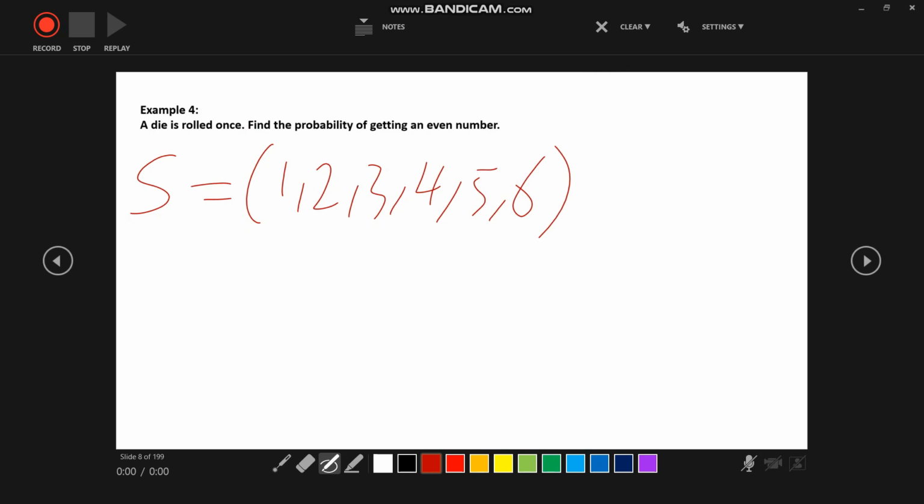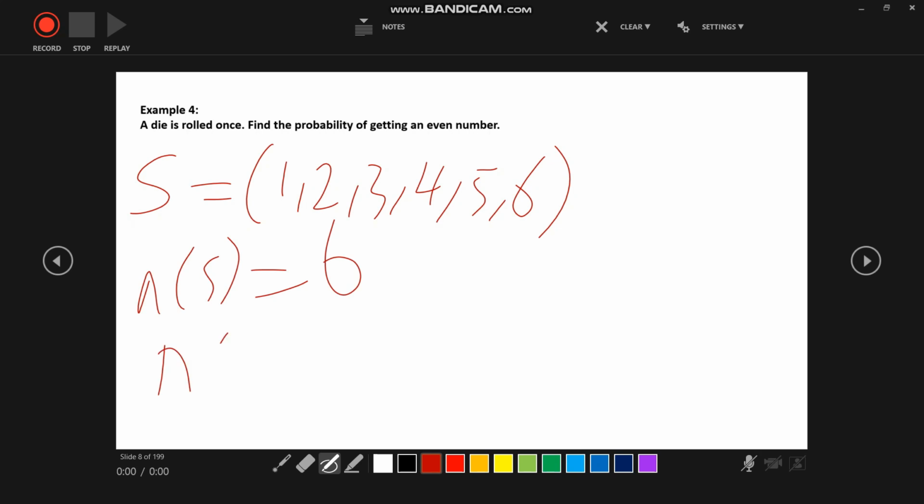So for a single roll of a die, remember I said this is what will be the sample space. The question says we should find the probability of getting an even number. That is, if you roll this die once, what is the probability of getting an even number? So our number of possible outcomes, n of S, is equal to 6.